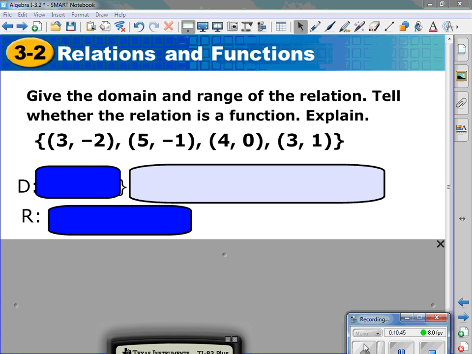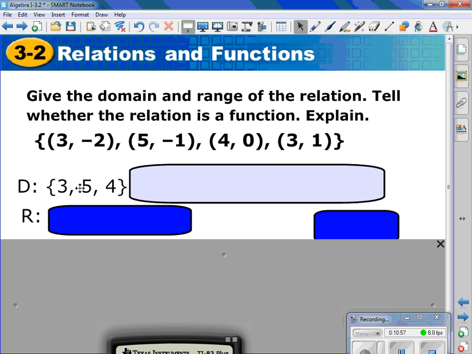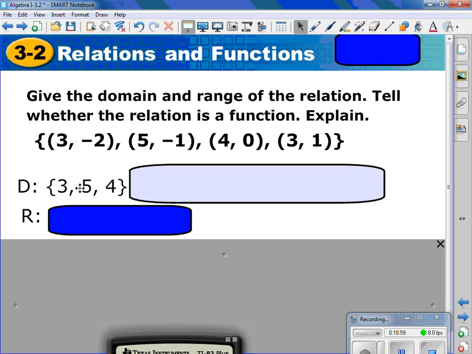What's my domain for that relation? 3, 5, 4, 3. What did I do? I didn't put the second 3. I just wrote 3, 5, 4. Now you can write 3, 4, 5. You can write 3, 5, 4, 3.